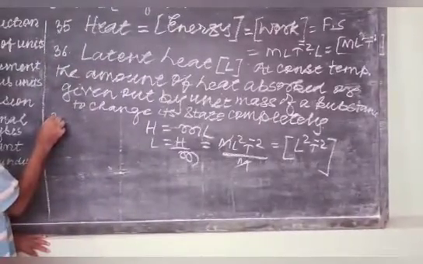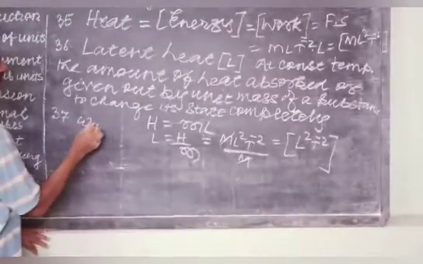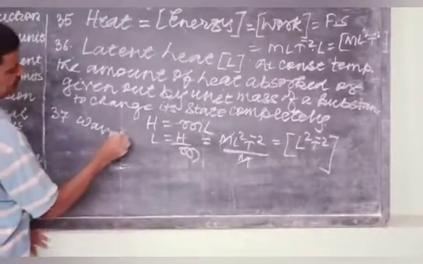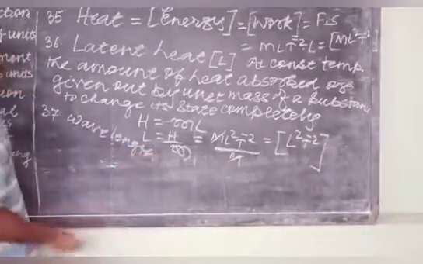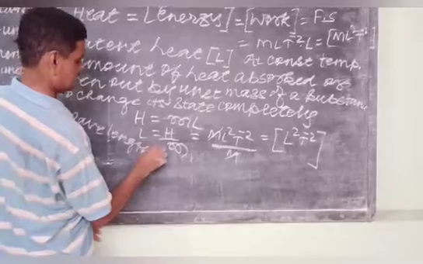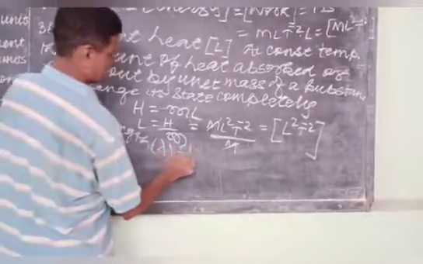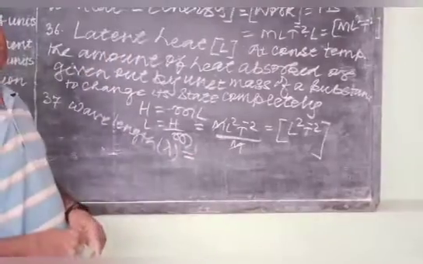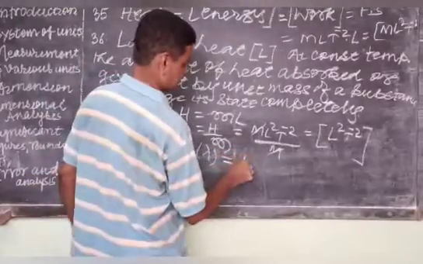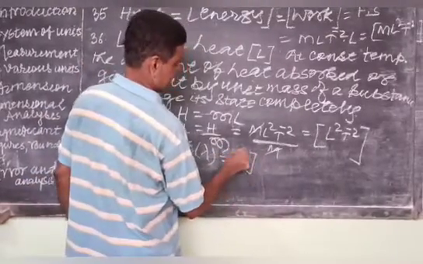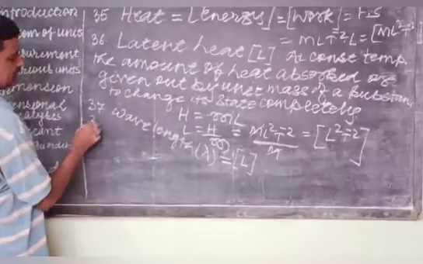Serial number 37. Very simple, that is wavelength. It is denoted by lambda. It is connected with length, so its dimension will be simply L, for length. 38.